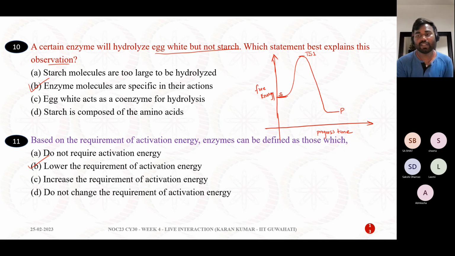You can have multiple transition states before going to the product, but let us assume only one transition state is here. The difference between the substrate energy level and the transition state energy level is known as the activation energy, EA.